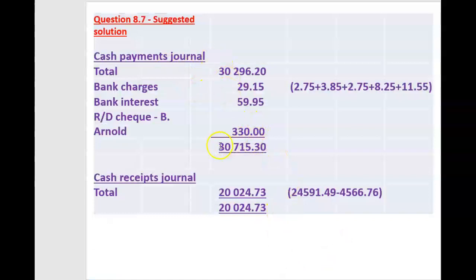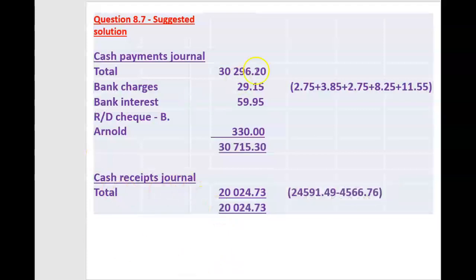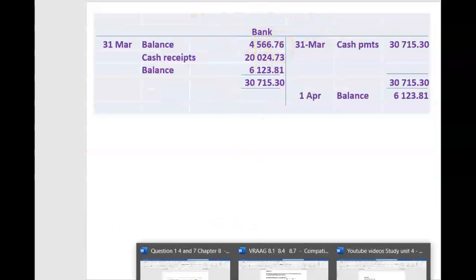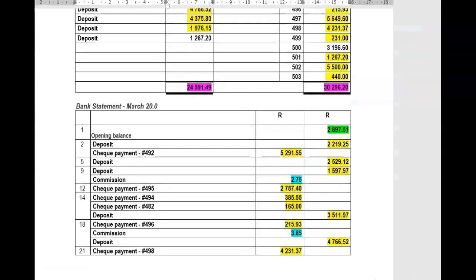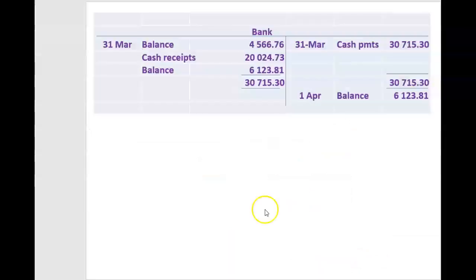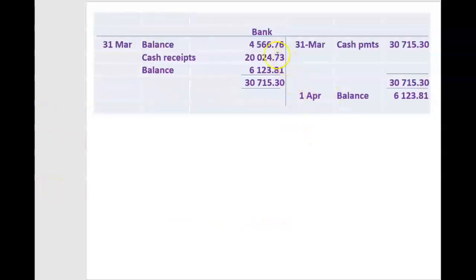So at the end of the day, total payment journal totals would have been 30,000. Total cash book receipts journals would have been 20,000. And if we're going to post that to our bank account, it would have been opened with an opening balance of 456676, and then we would have posted our total cash receipts, which is 20,024, and we would have posted our total payments, which is 30,000.